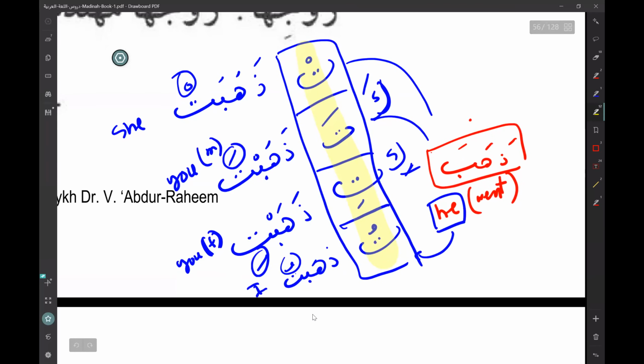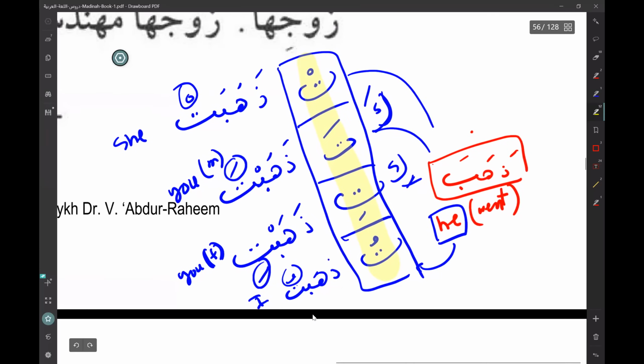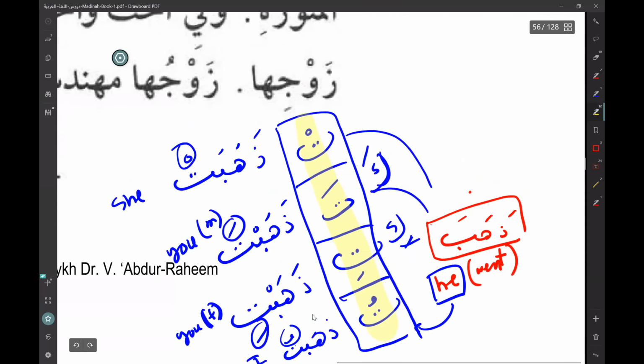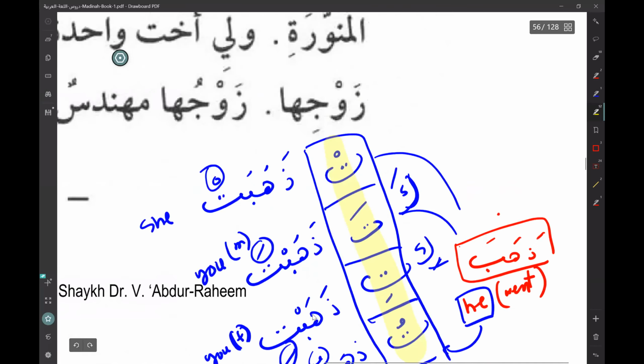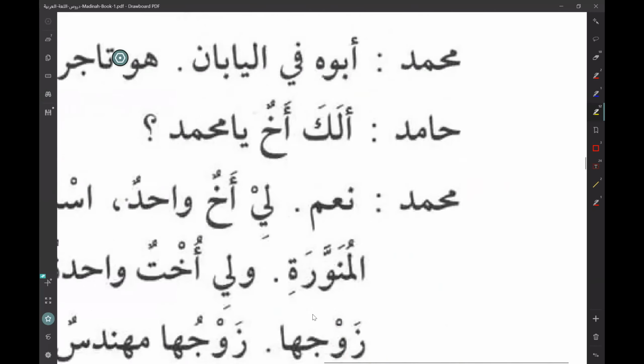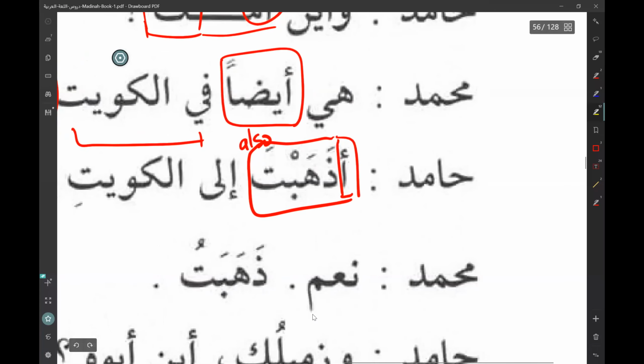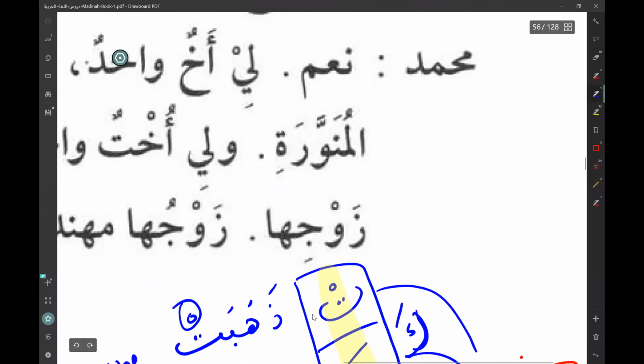However you want to do it, inshallah, you can look through it, but the book only showed you a few of them. So let's see which ones the book has here. It has dhahabta, ta with fatha. What is ta with fatha?